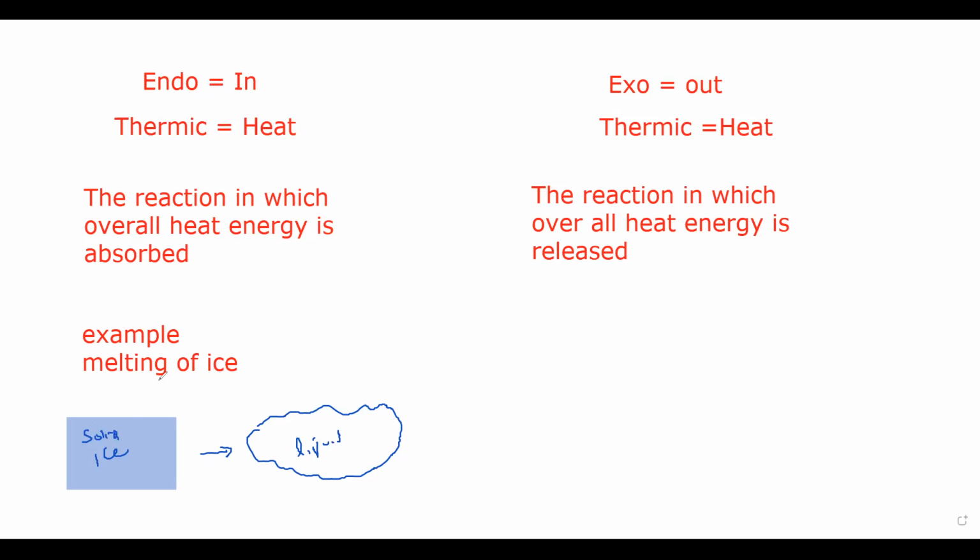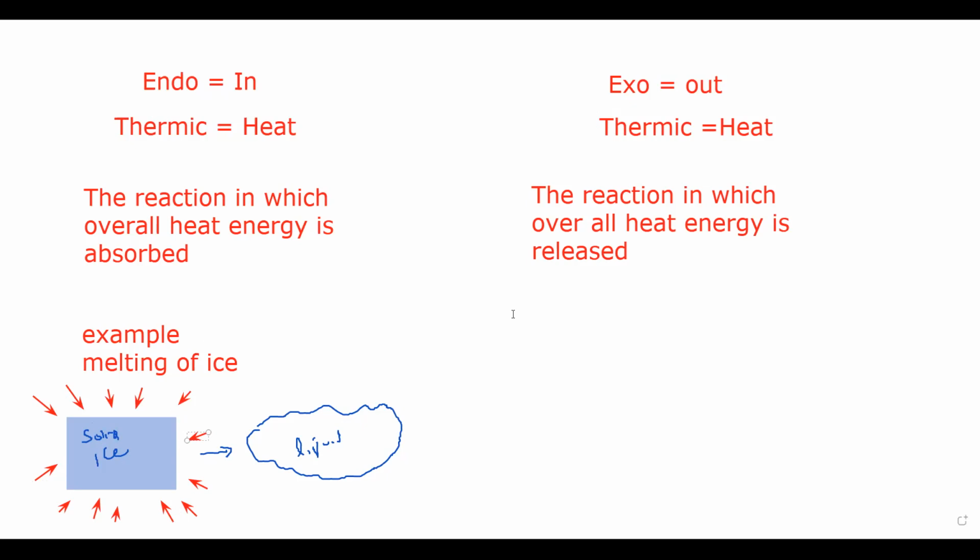But how is this solid turned into liquid? It converts into liquid by taking in heat energy. So when a substance changes by absorbing heat energy, in terms of energy, we call that an endothermic reaction.